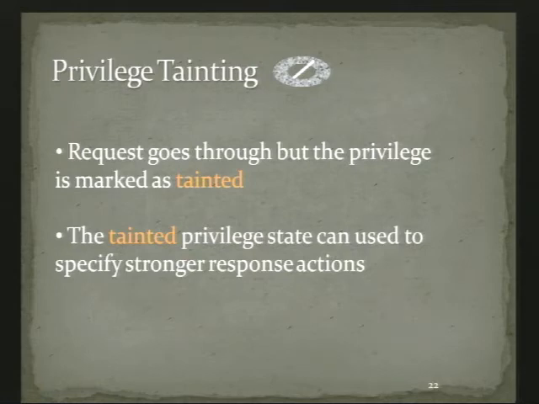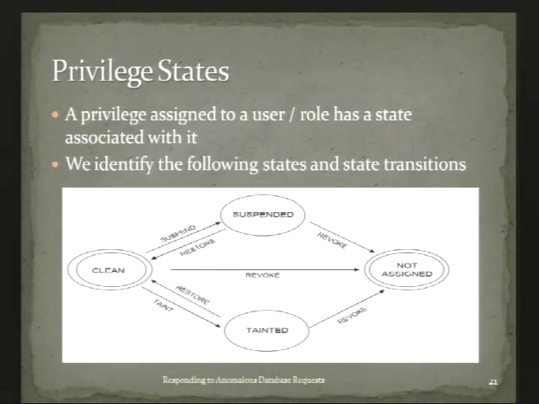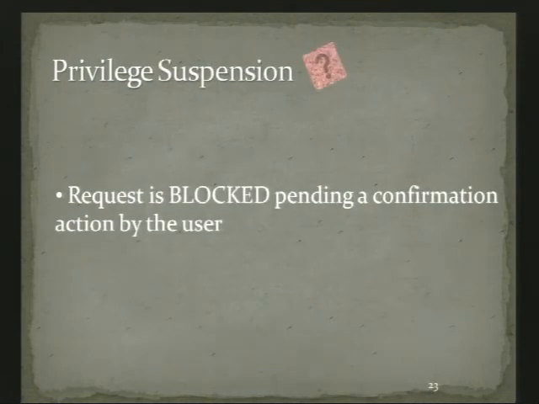Then there is something called privilege suspension, which is a little bit stronger than privilege tainting. So you suspend a privilege, and the request is blocked unless a confirmation action is performed by the user. Assume a user request comes in and the privileges it is asking for are in a suspended state.